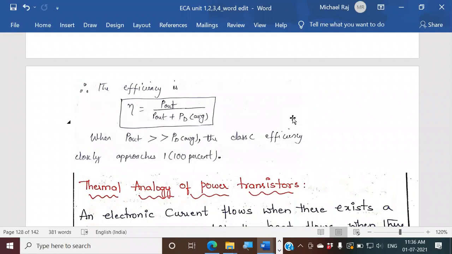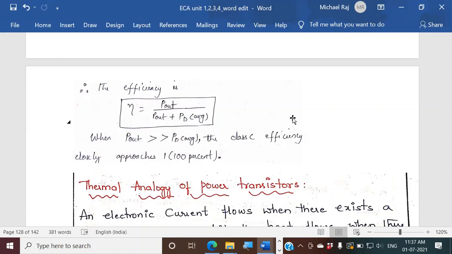Likewise, in a transistor, because of the flow of charge carriers, we have voltages and currents, power is lost, and heat is generated, the power dissipated in the form of heat.